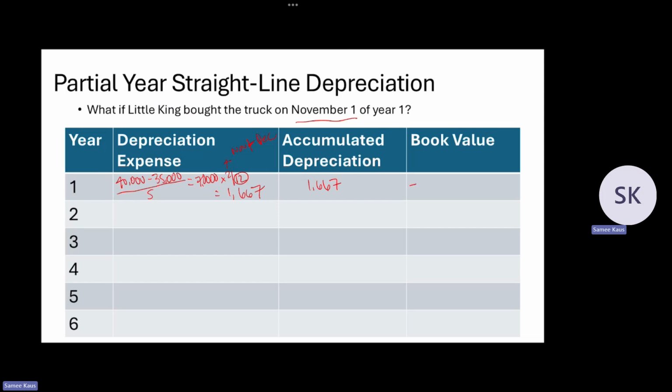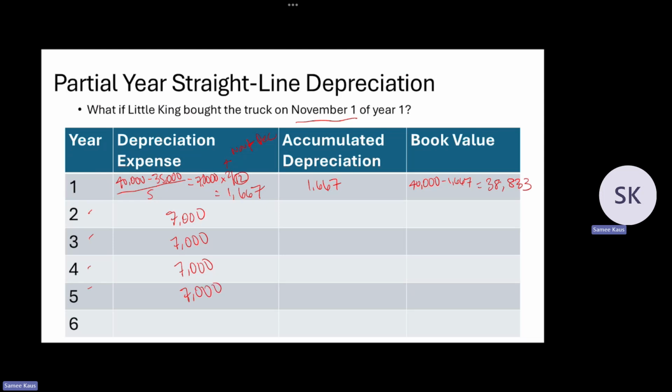And then my net book value is going to be 40,000 less my accumulated depreciation to get me 38,833. So what's my depreciation expense over here in years 2, 3, 4, and 5? Well, it's just going to be my 7,000.